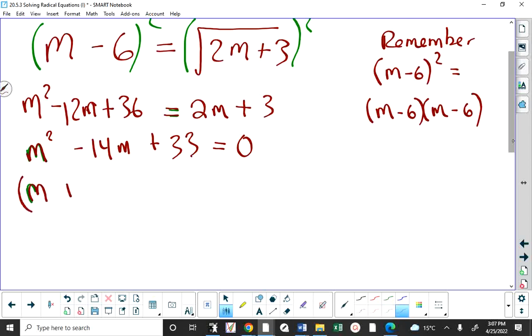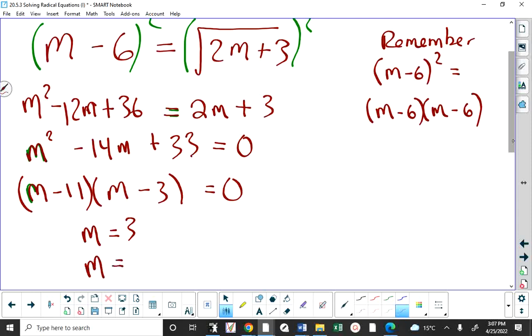In this case, it's m minus 11, m minus 3, two numbers that multiply to give 33, add to give negative 14. So m is equal to 3, and m is equal to 11, because you go m minus 11 equals 0, m minus 3 equals 0.